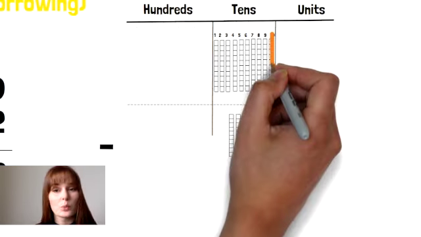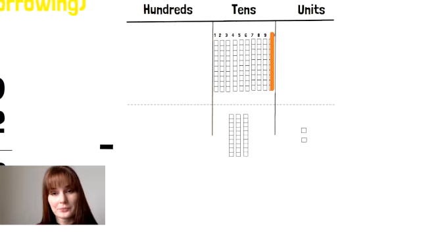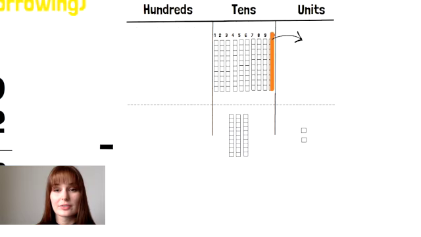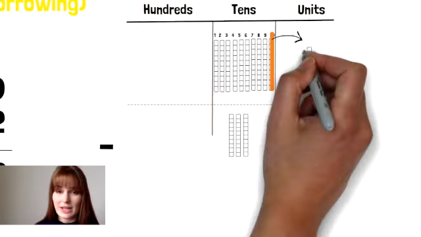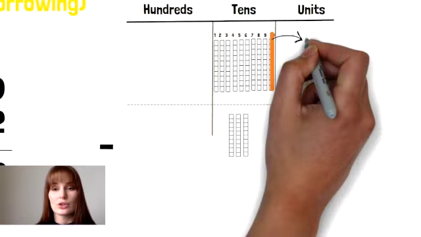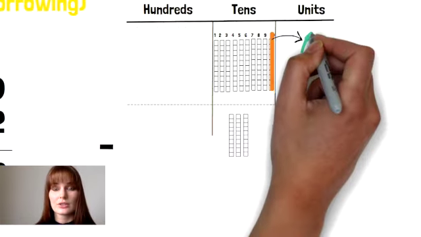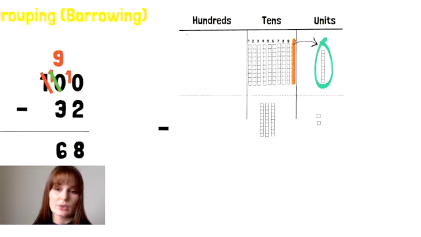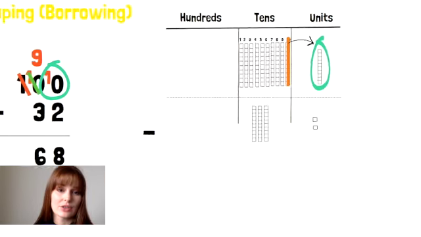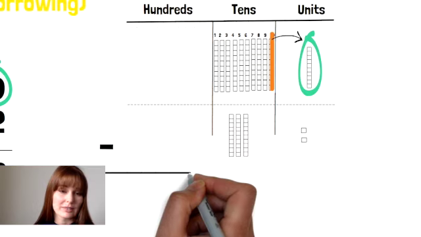So I need to take 1 stick of 10 and move it into my units. So now notice I have 9 sticks of 10 in the tens column and 1 stick of 10 in the units column. So you can see that that happened when I was doing my regrouping over here. I have 10 in the units, and in the tens column I have 9.